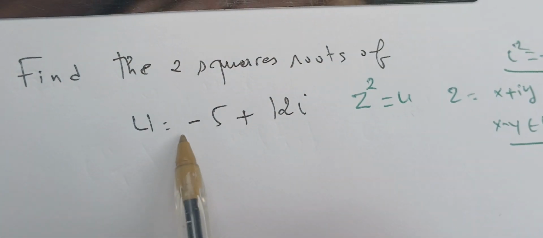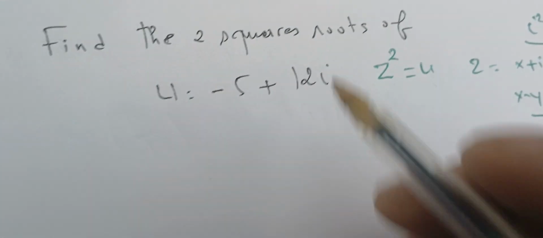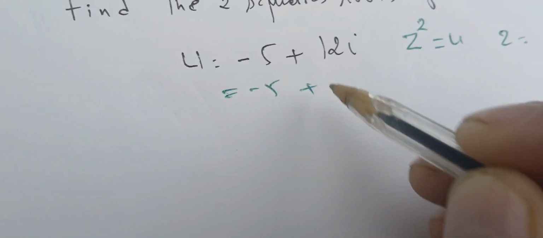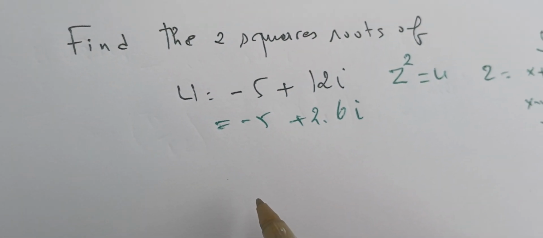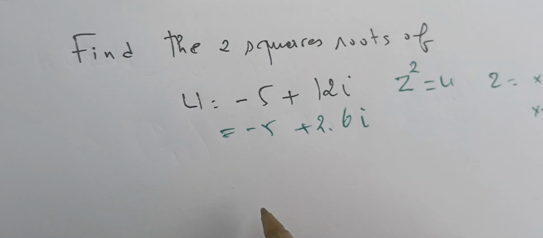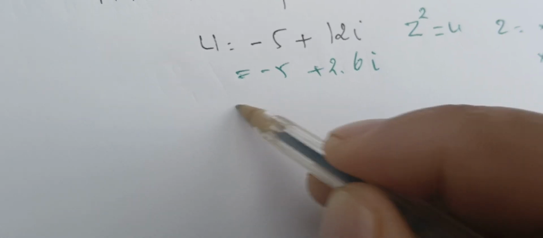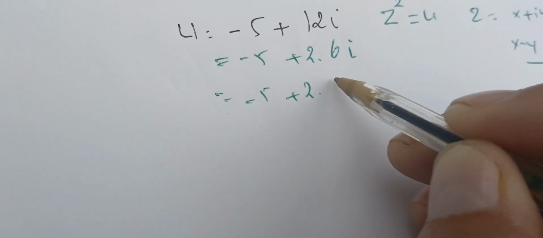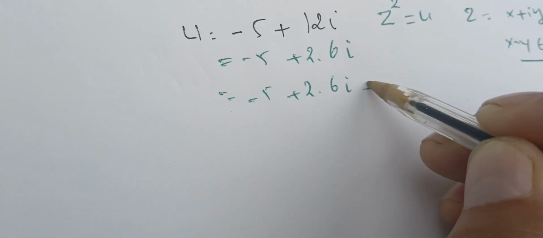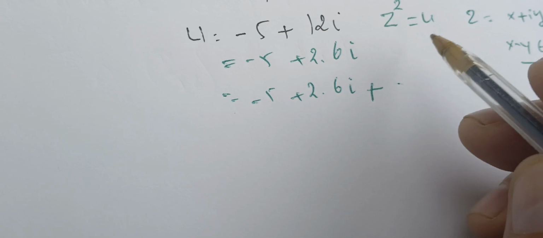One way is we can factor this one and write it as a square. We can do that because we can write minus 5 plus 2 times 6 times i, and plus something that we can square here.